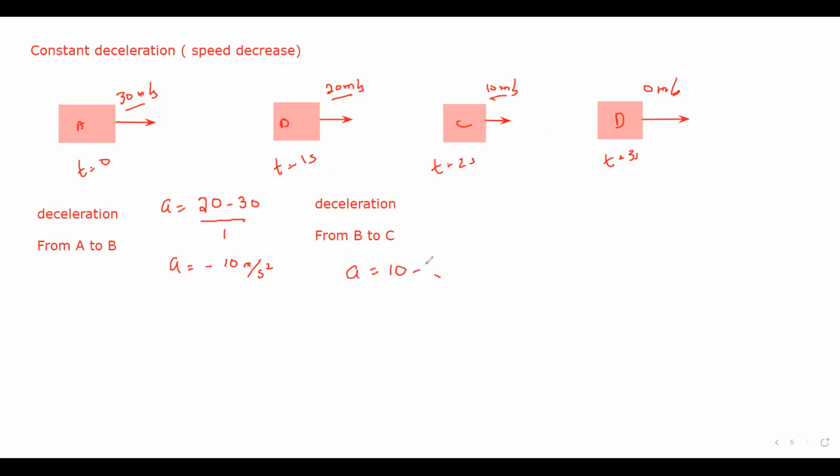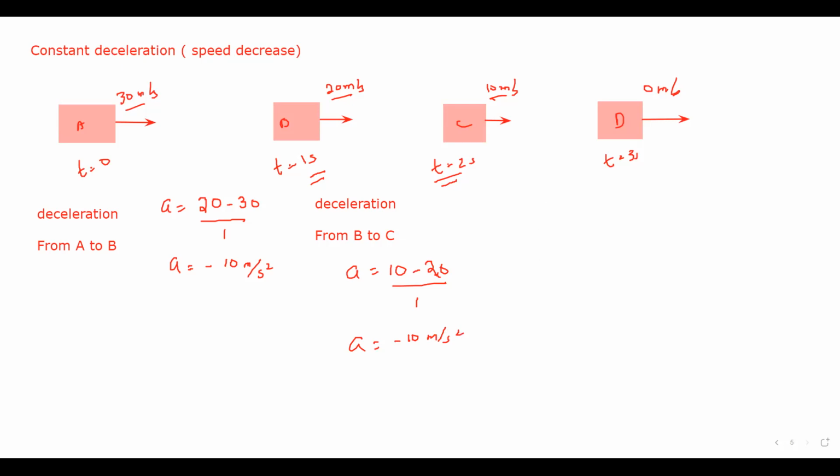So 10 minus 20, why? Because it is always final minus initial, divided by the time interval. At B the time is 1 second and at C the time is 2 seconds. So the interval is only 1 second. So it will be 10 minus 20 divided by 1. So deceleration will come out as minus 10 meters per second squared.